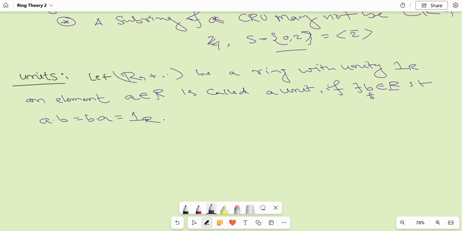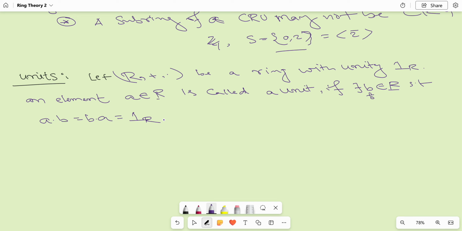So for a ring with unity, an element a inside R is said to be a unit if there exists a b inside R such that a dot b equals b dot a equals 1R. This is the definition of a unit.